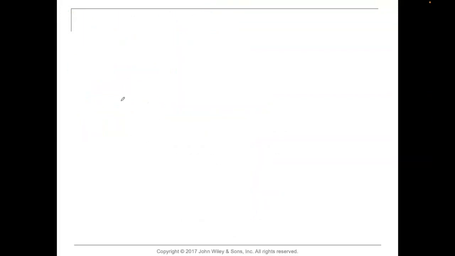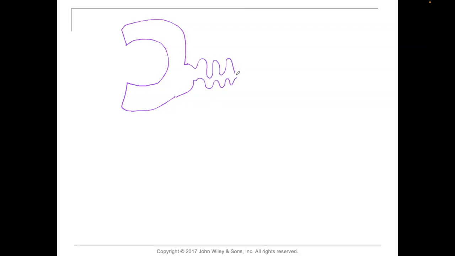Okay, so I'm going to draw this out here one more time just for a good review. So let's draw this Bowman's capsule first, like this. And we'll make this like that. Okay, then we'll do this loop. And then we'll make the squigglies again, like that.